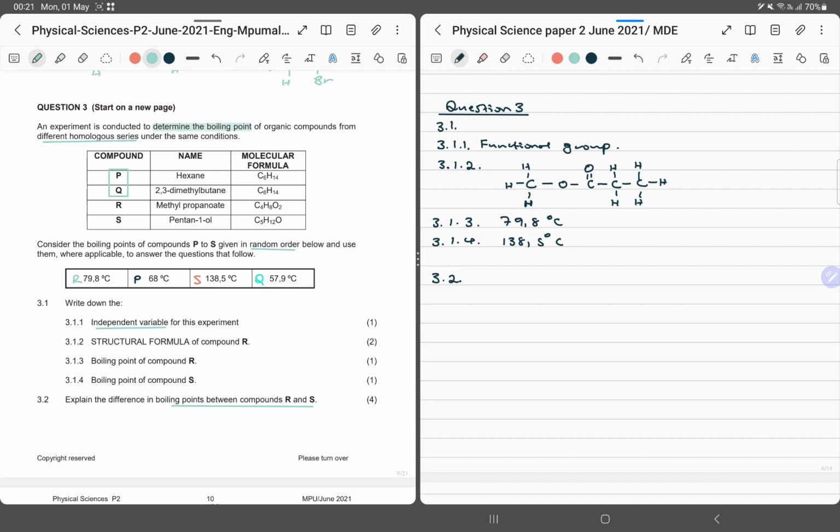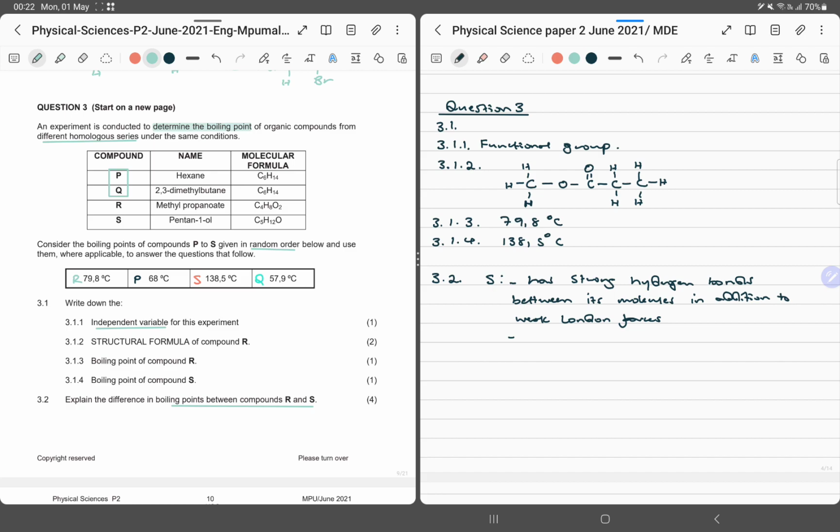So we can just say, or let's just start with S. Compound S has strong hydrogen bonds between its molecules in addition to weak London forces. All right, that's point number one.